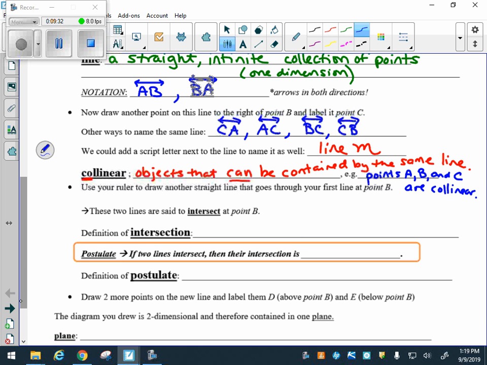So these 2 lines intersect. How would you define intersect? Robbie? Yeah, so 2 lines meet, they come together.